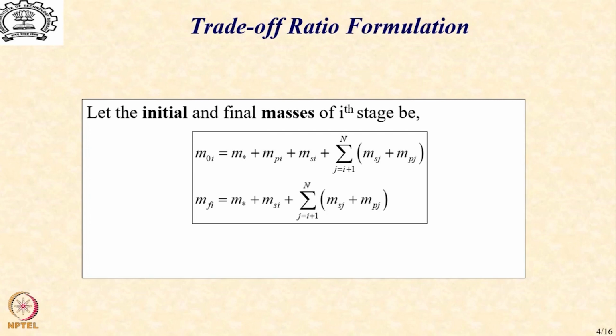We know mfi is going to be m naught i minus mpi, so that it is m star plus msi plus the same sum.